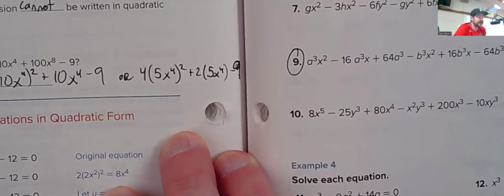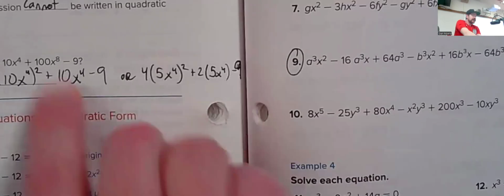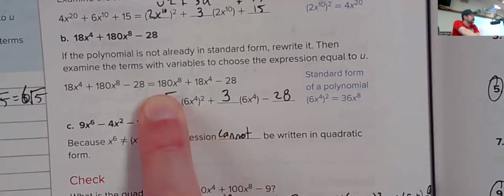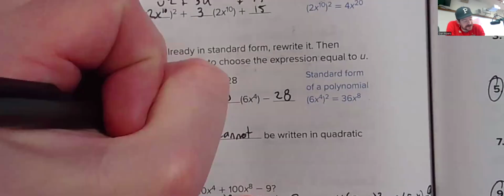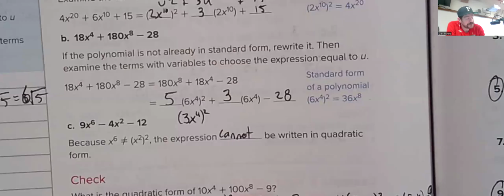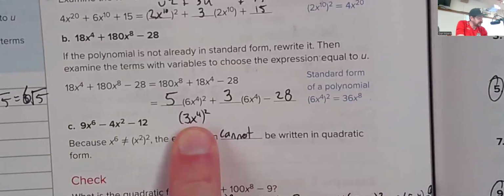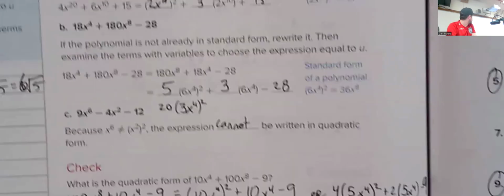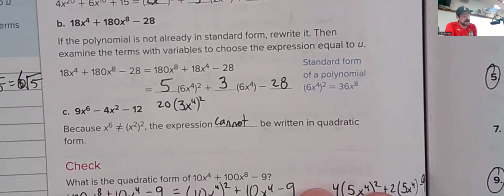There's not just one way to do this. In fact, this problem up here, we saw that you could actually divide out a 9 from this one. If you divided out a 9 from this one, the square root of 9 is 3. So you could have 3x to the fourth squared. 3 times 3 is 9. And then 180 divided by 9 is 20. So that could be 20 times 3x to the fourth squared.